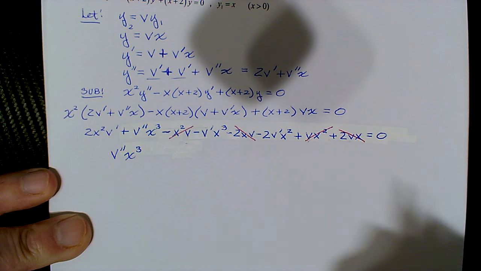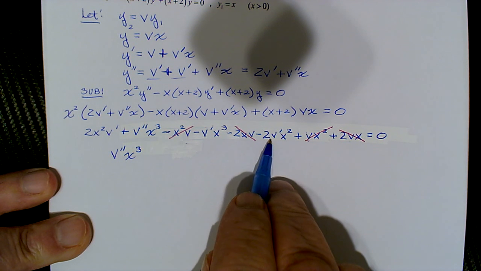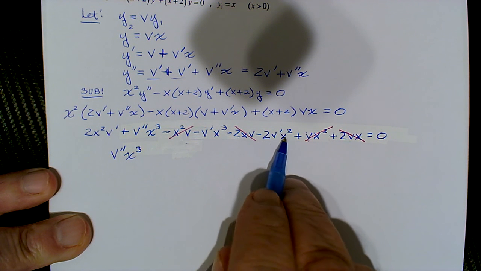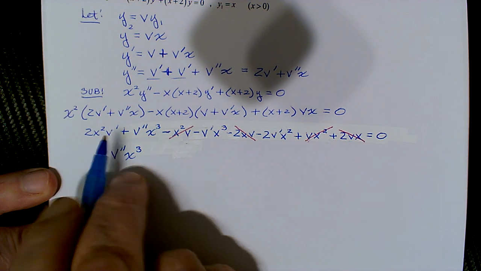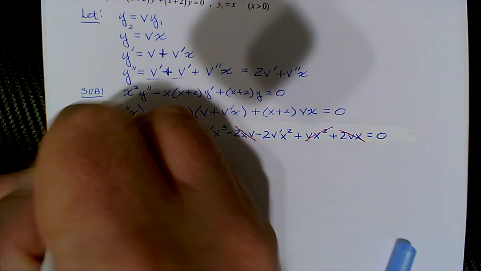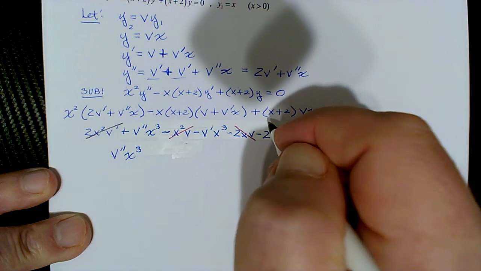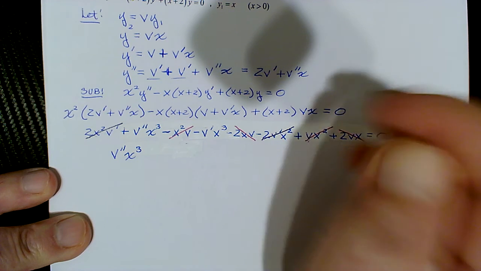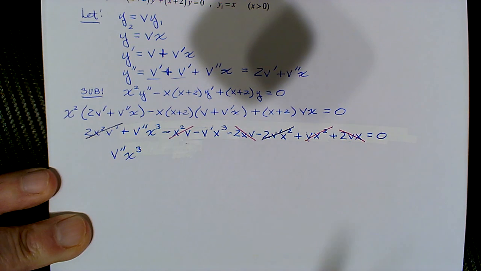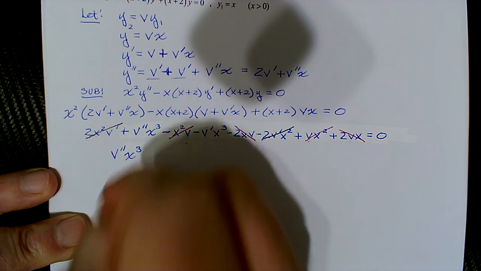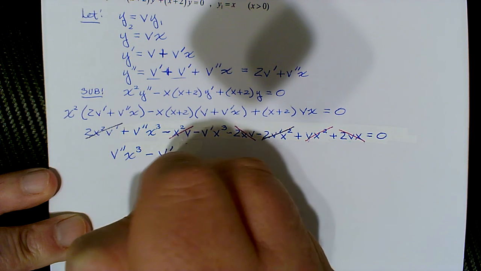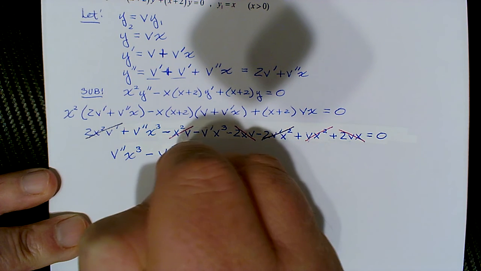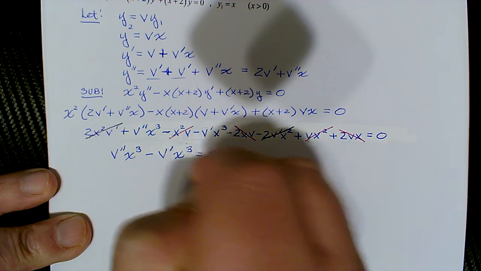And then let's see what else happens here. This negative 2v prime x squared actually goes with this positive 2x squared v prime. So we can get rid of those. And so we've got the v double prime x cubed, and now just minus v prime x cubed equaling 0.